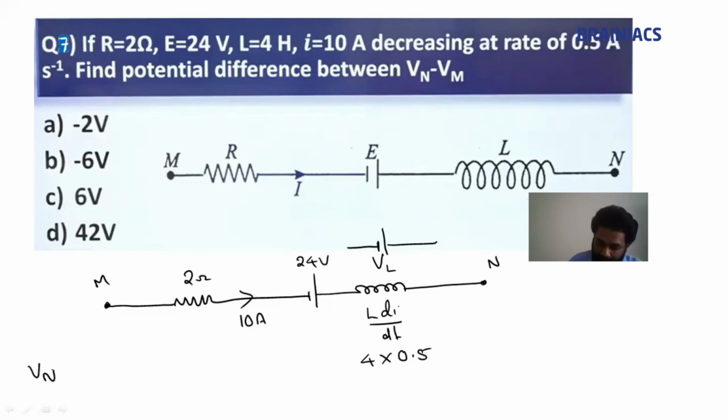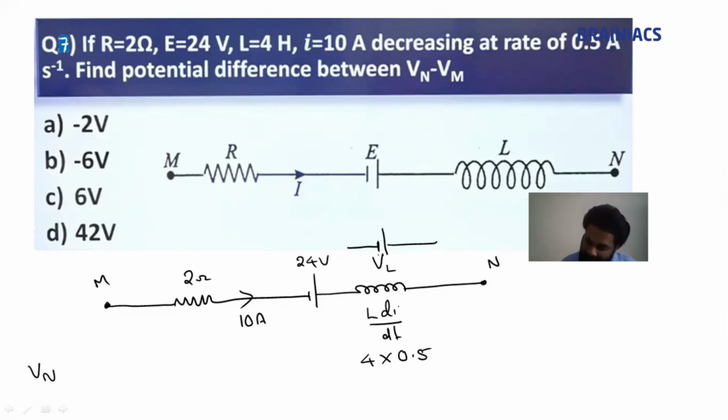So Vn, while coming in this direction, 4 into 0.5 is the voltage drop at the inductor. 4 into 0.5, so what is that value? 0.5 into 4 is 2.